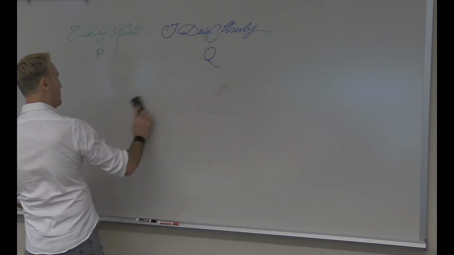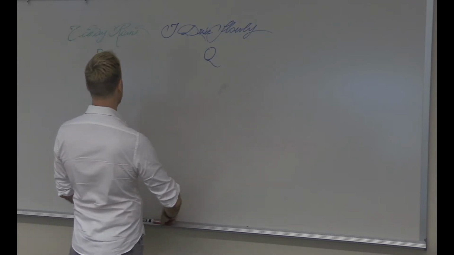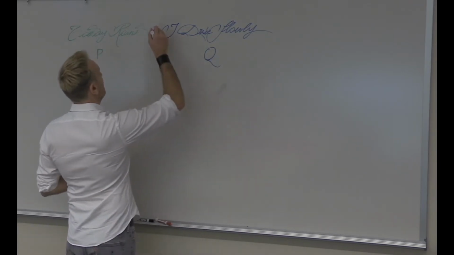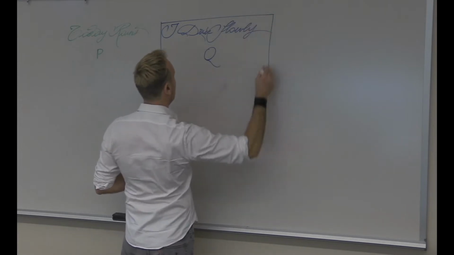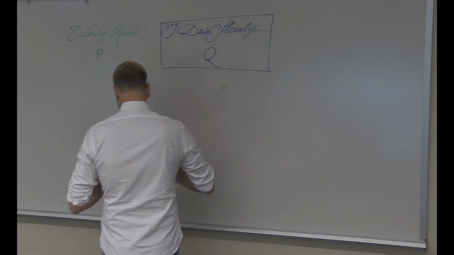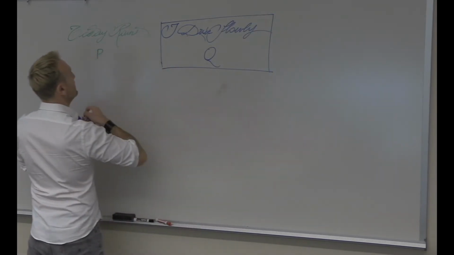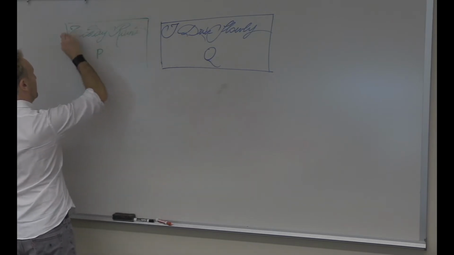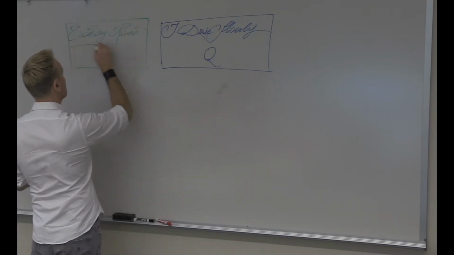So let's begin with the conjunction. Okay. So we have this statement, okay? And then we have this element, okay? Let's do this.